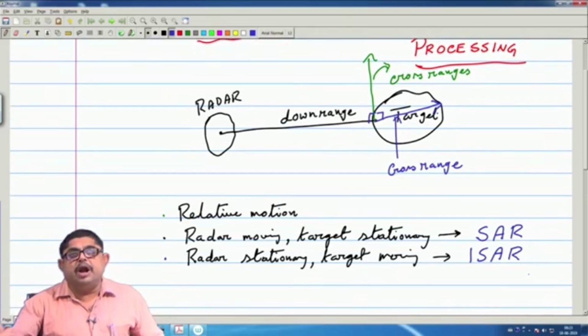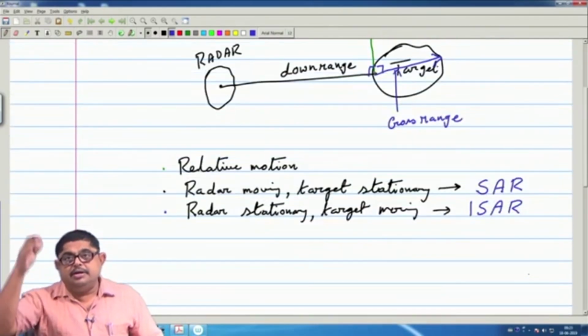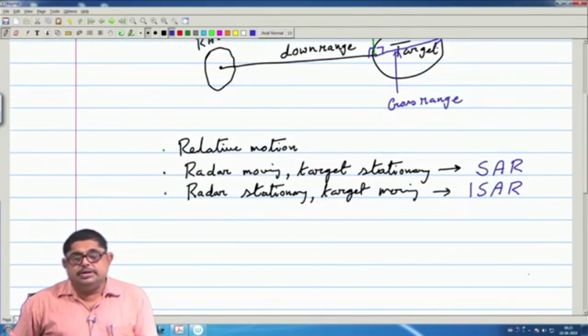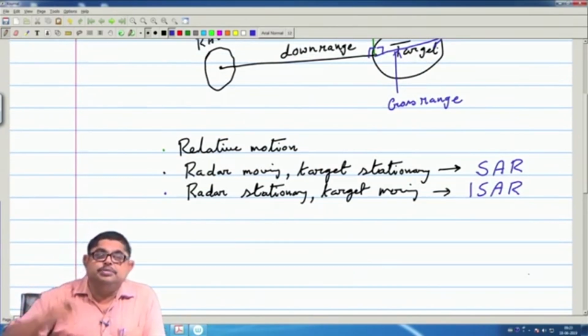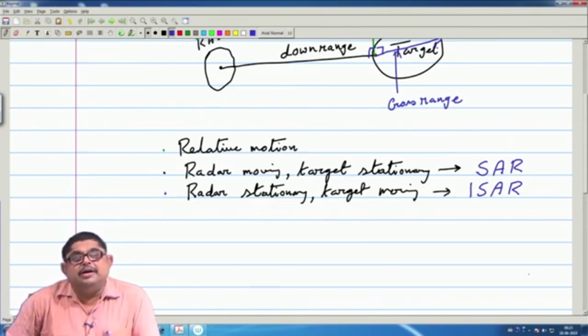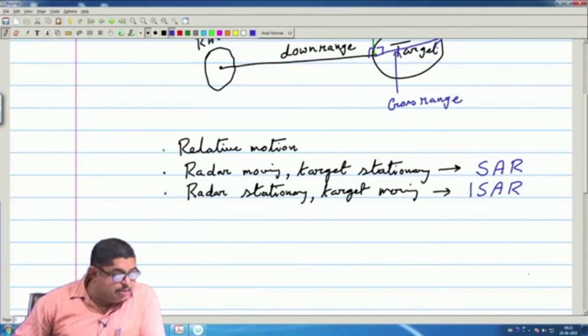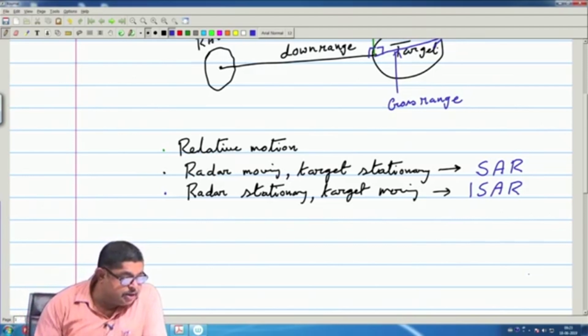But in ground imaging or remote sensor based imagery, the ground is not moving, so to say, because from the inertial frame fixed to earth it is not moving. So, that is why it is not a problem, we can apply the synthetic aperture technique.